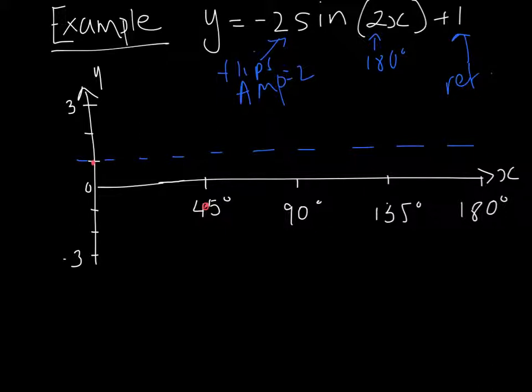So this will start with my curve. And then at 90, it's no longer going to be at 1, it's going to be at what we would call 0, but 0 is actually going to be up here.